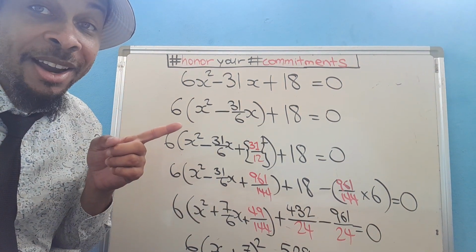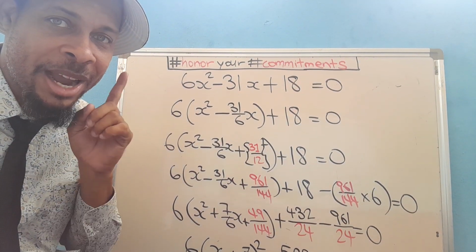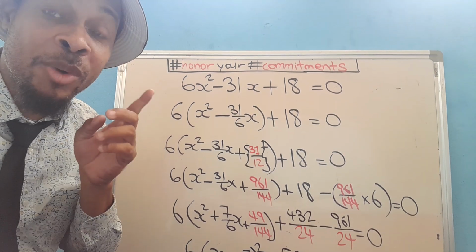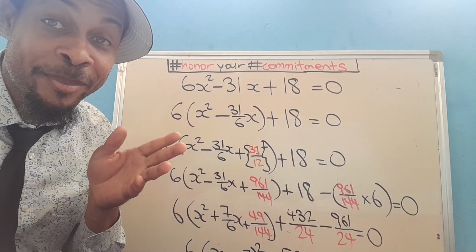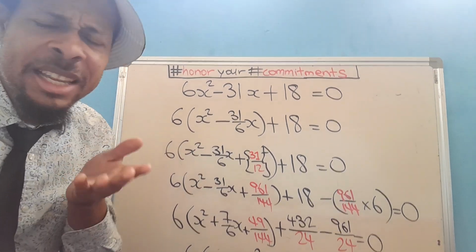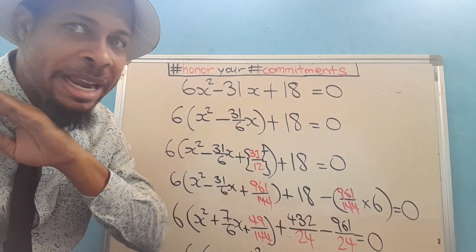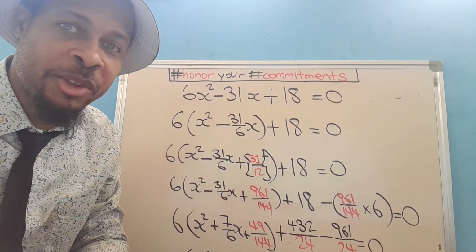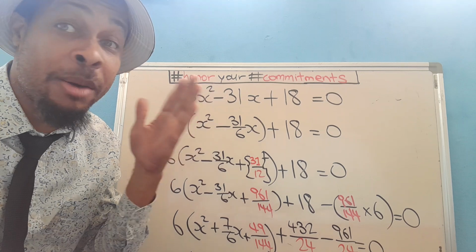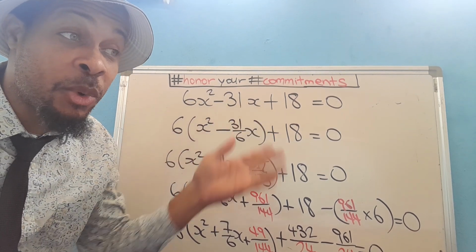This method is the one that the teacher was trying to get across to them. Last night, couldn't figure it out. For the life of me, I could not figure it out. I literally had to resort back to adding minus b squared over 4a.